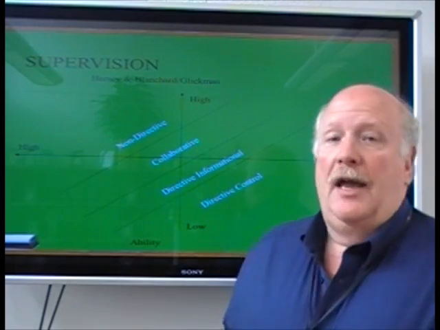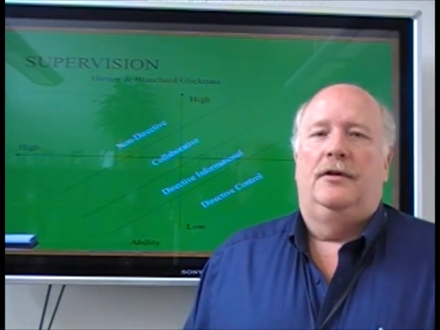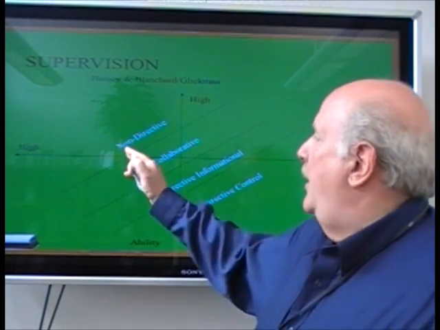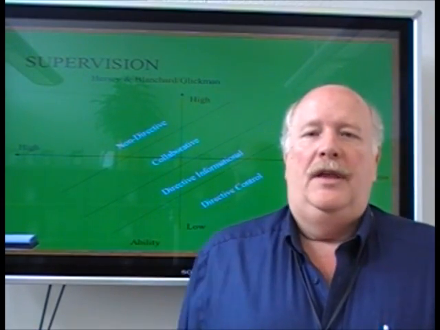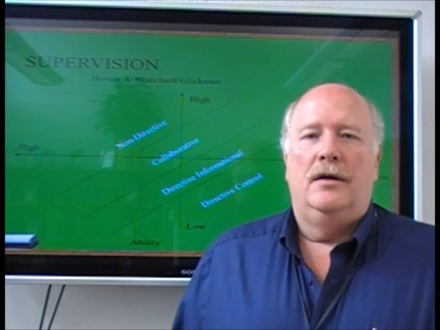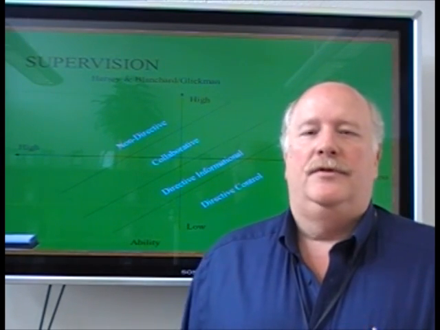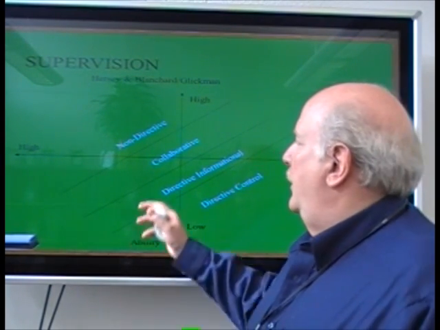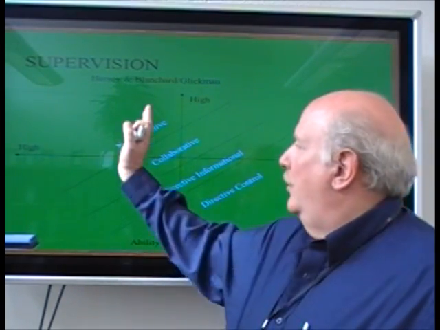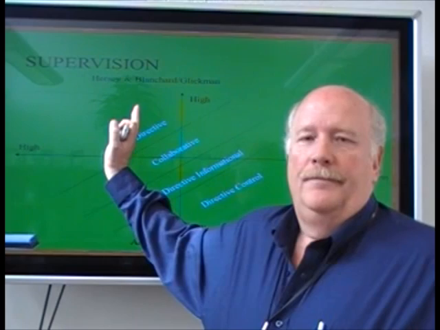His next level is collaborative, which means you work, of course, collaboratively with these persons. And the highest level for Glickman is non-directive, which means they do their thing, you don't need to intervene at all, and they're successful, you're happy, and it's a good process. This is a continuum from directive control up to non-directive.